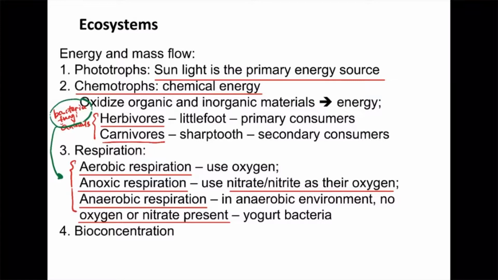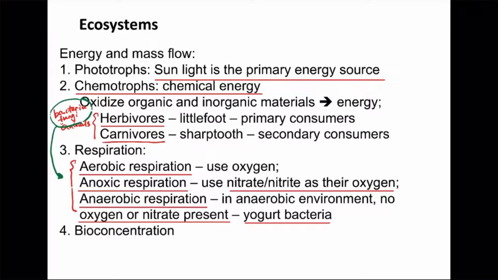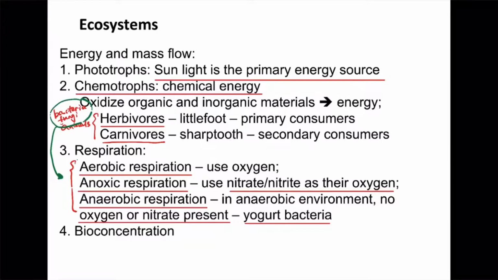Okay, so a typical example is yogurt bacteria. We know that in order to create that acidic flavor, we cannot expose these yogurt bacteria to oxygen, right? Because many of these bacteria are doing anaerobic respiration. Okay, so because of these different types of respiration, people can introduce different bacteria into the wastewater to reduce the concentration of certain organic pollutants.